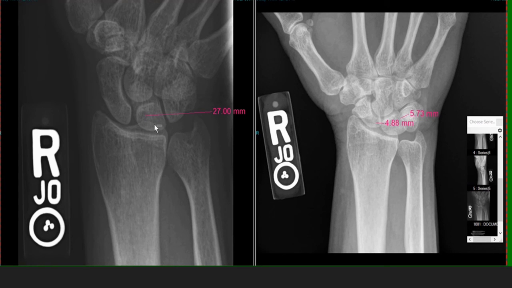And in some cases, we have complete loss of relationship between the lunate and the radius bone, where the lunate bone is shifted so far to the right that it completely hangs off. But in this particular case, ulnar translation is negative.